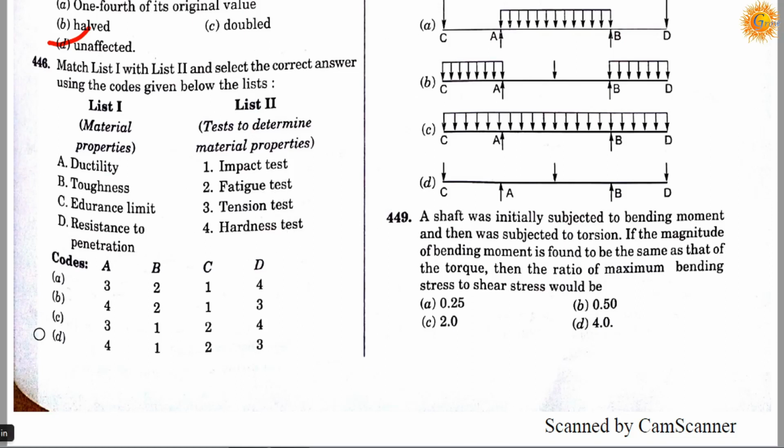The correct answer is C. According to C, A will be connected to 3. It means ductility is related to the tension test, toughness is related to the impact test, endurance limit belongs to the fatigue test, and resistance to penetration belongs to the hardness test.